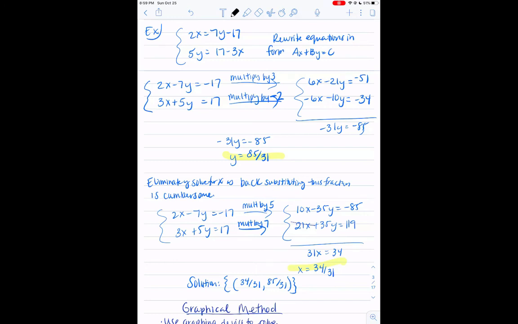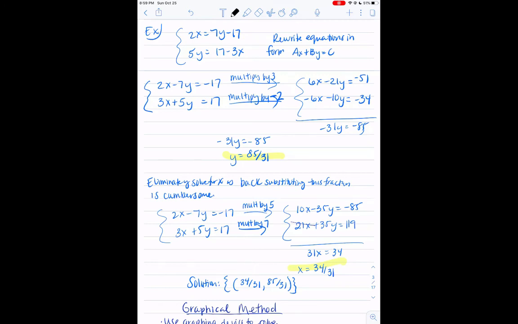I want to cancel the x's here. So I figure out the least common multiple of 2 and 3, and that's 6. I multiply the top by 3, and then I'm going to multiply the bottom, equation 2, by negative 2, so I get opposite signs of 6.